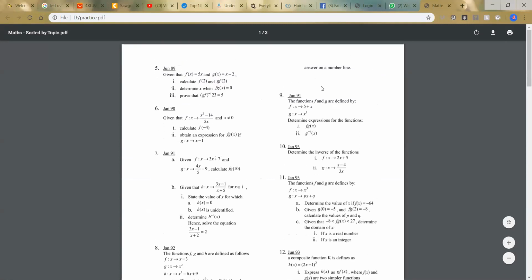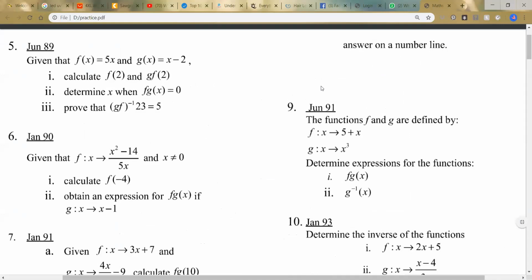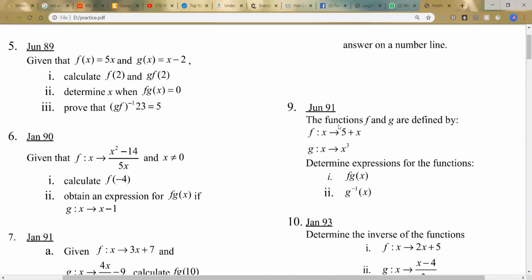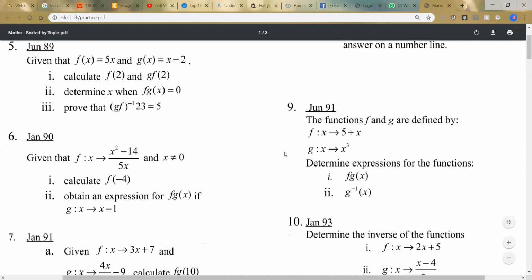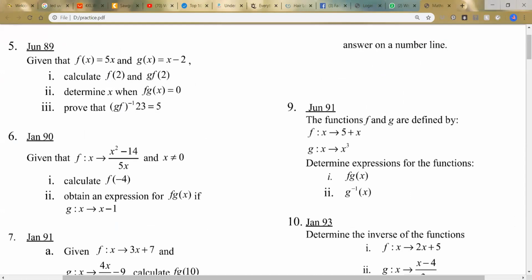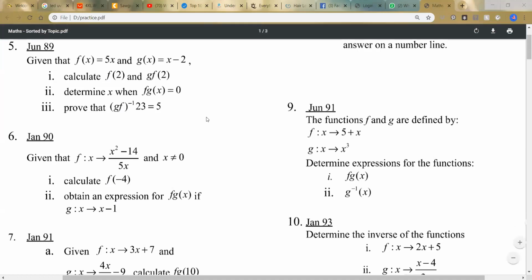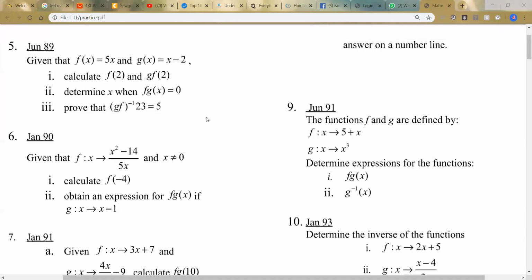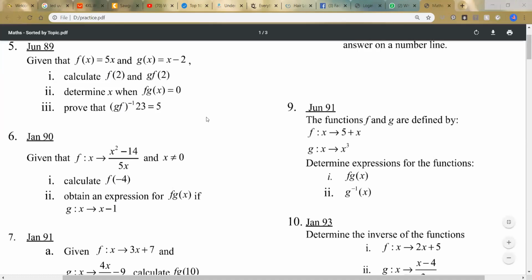Let's start with number 9. June 91, number 9. Plus x, g.